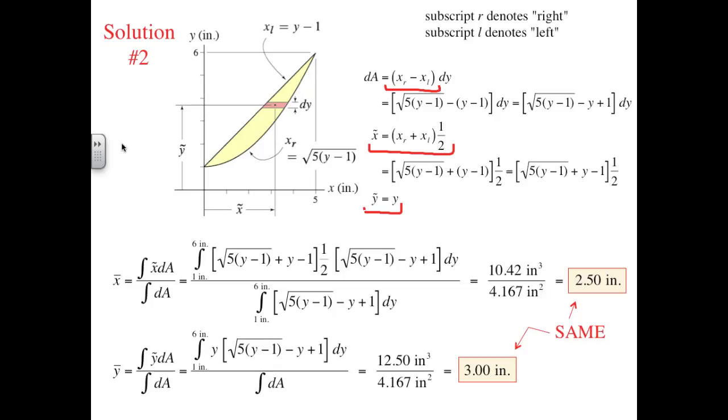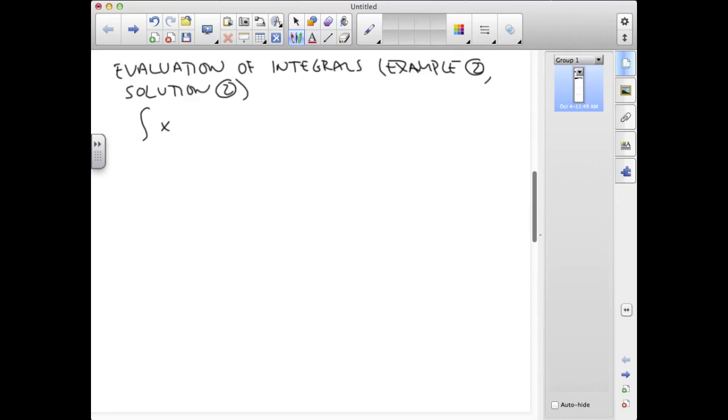calculation of the integrals. For the integral of x tilde dA, we might first note that we could write this as the x tilde, 1/2 the simple average of the right and left boundaries, times dA, which is the width, times dy. And this product will allow us to eliminate the cross terms.